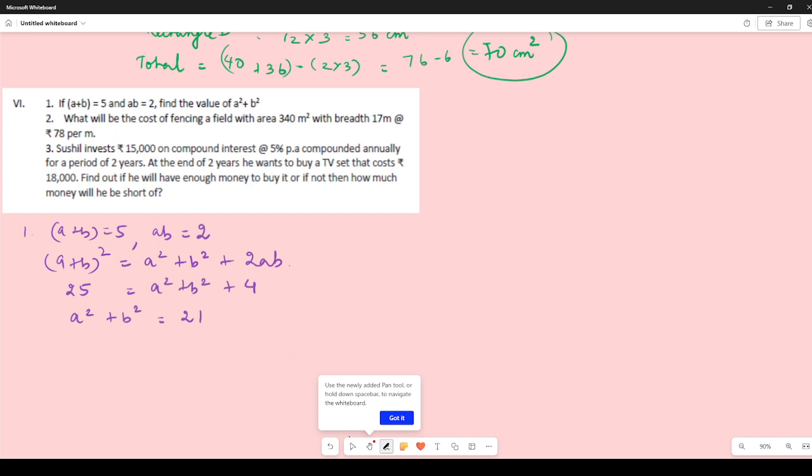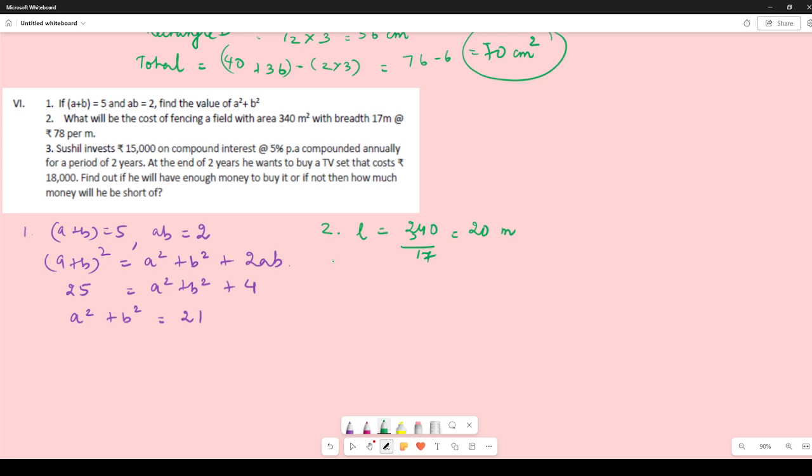Now let us move on to question number 2 given over here. What will be the cost of fencing a field with area 340 square meters with breadth 17 meters? Now we know that for perimeter we need to find the length. So length is equal to 340 by 17, that gives us 20 meters.